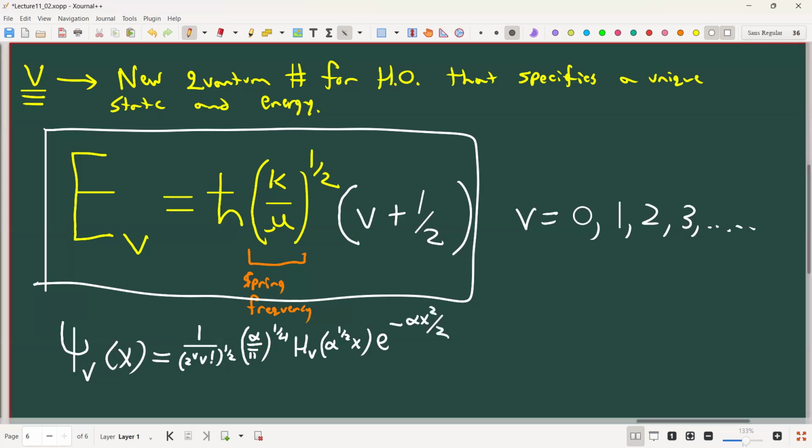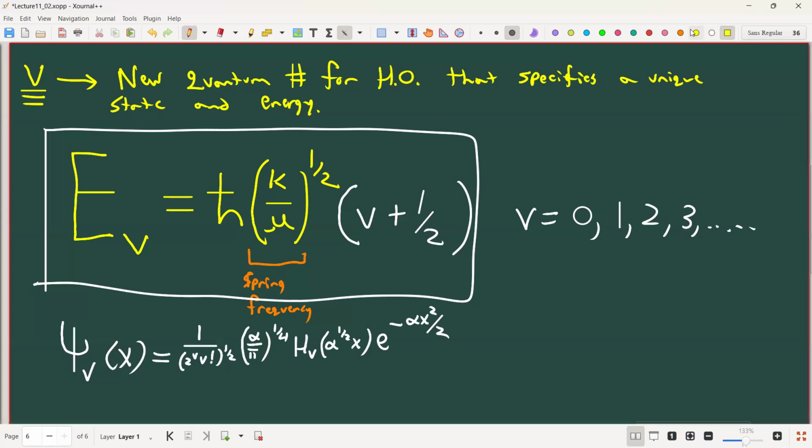So each of our states is labeled by this V quantum number, which we call the vibrational quantum number, at least that's what chemists call it.